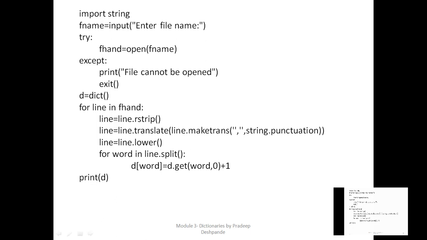Then line equals line.translate, line.maketrans, with a comma. Okay, we have empty strings here, the from string is empty, and string.punctuation is the delete string. And here we are converting the complete line to lower, which means if there are any uppercase letters, they will be converted to lowercase.